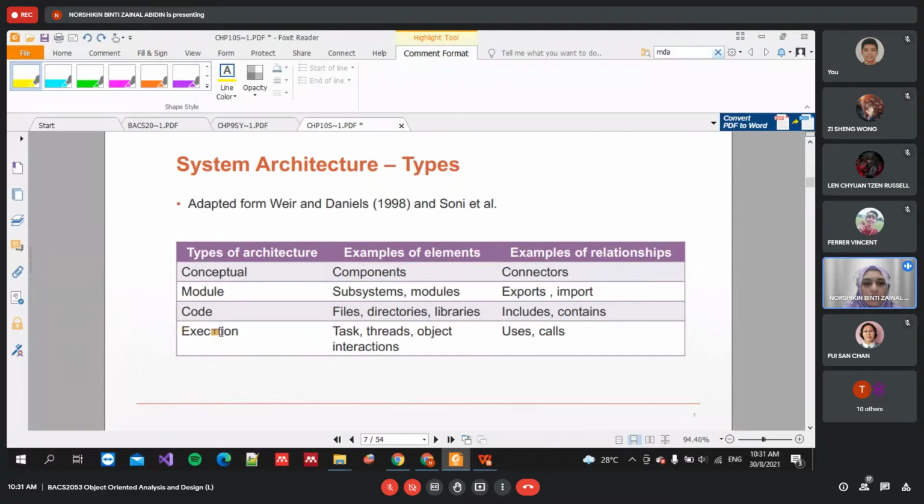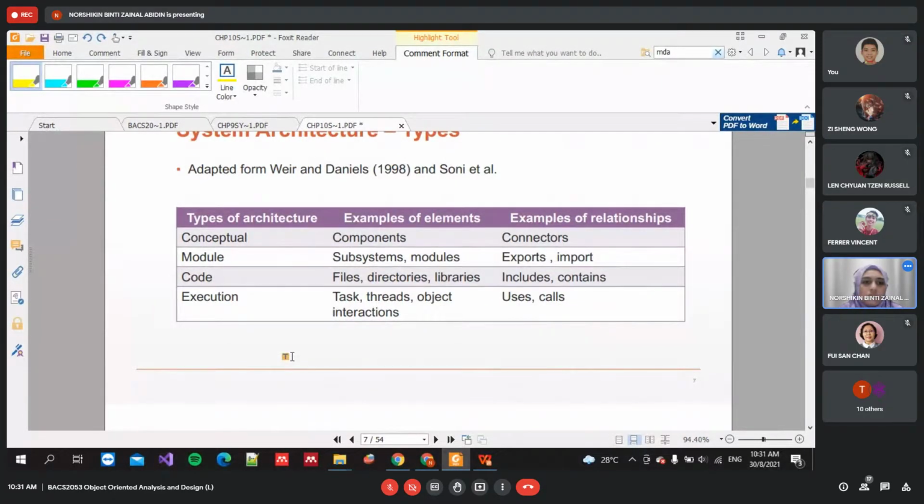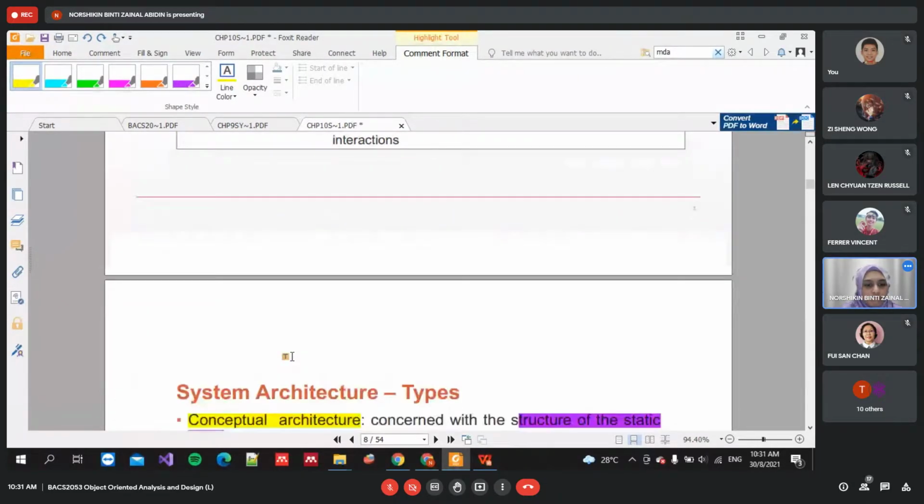So execution is run, perform the tasks, threads, objects, interaction. These are samples of relationships, use or call. So this is the system architecture type.